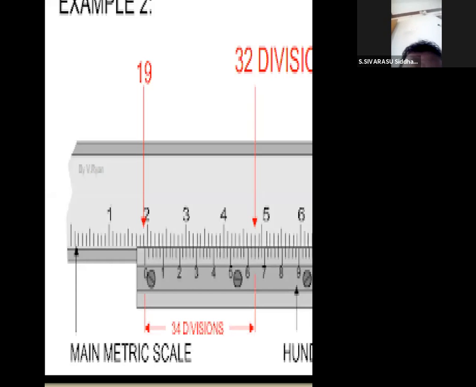So 32 into 0.02 gives 0.64 mm. Now, to get the total reading, you have to add the main scale division and Vernier scale division. Main scale division 19, Vernier scale division 0.64. The total reading is 19.64 mm.